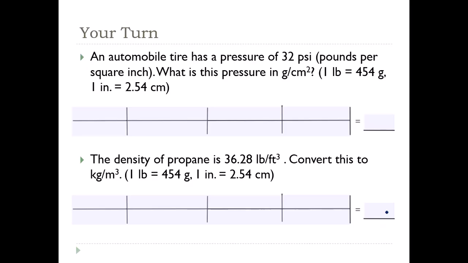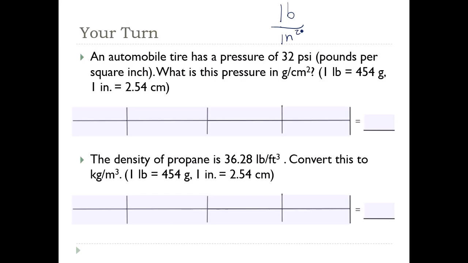Okay, more practice. So an automobile tire has a pressure of 32 pounds per square inch. What is this pressure expressed in grams per square centimeter?